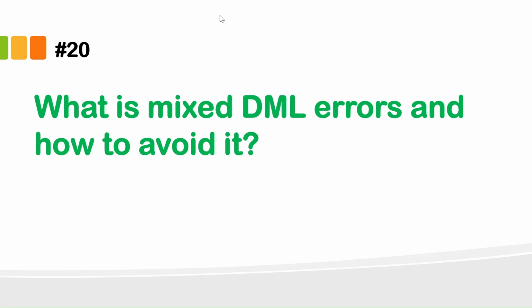This is the last question of chapter 1, that is, what are mixed DML errors and how to avoid them. The answer is, there are two types of sObjects provided by Salesforce: first is setup and second is non-setup. In setup we have the user object, profile, group.